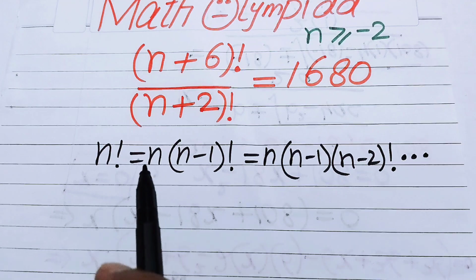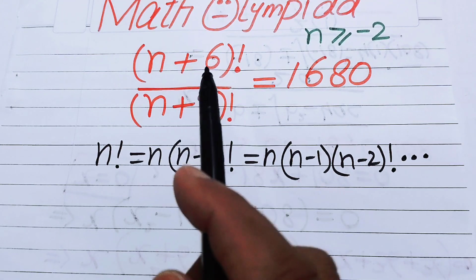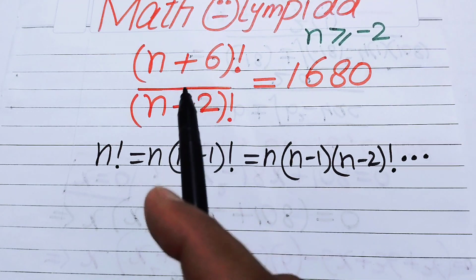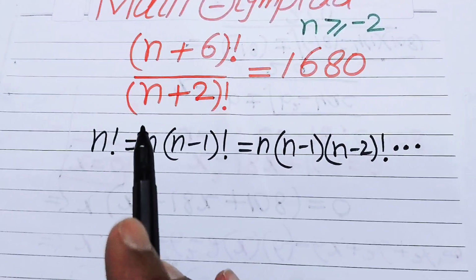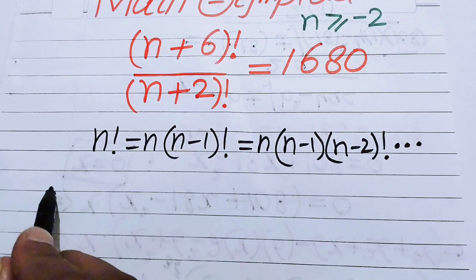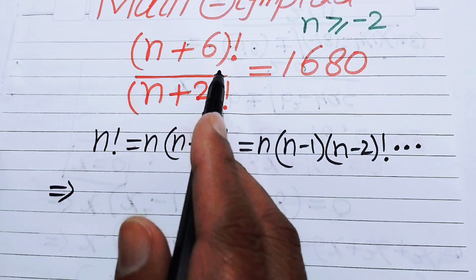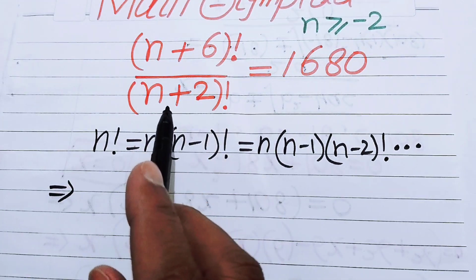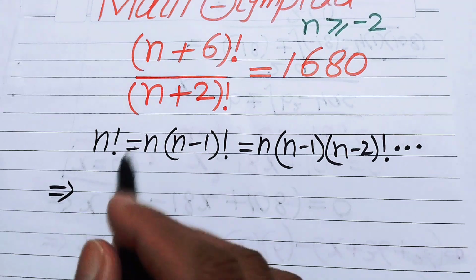So now we use this recursive method and we can break the factorial of n+6 and you will get its output in this form. We break (n+6) factorial up to the term of (n+2) factorial.